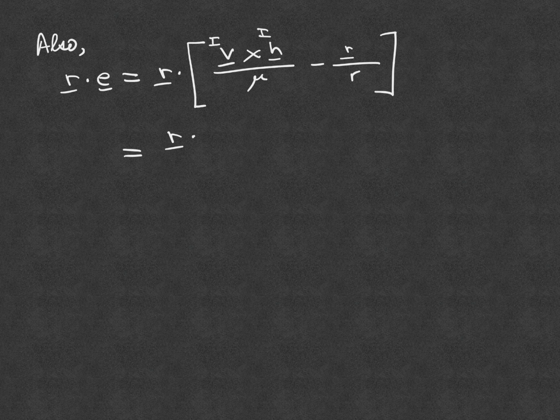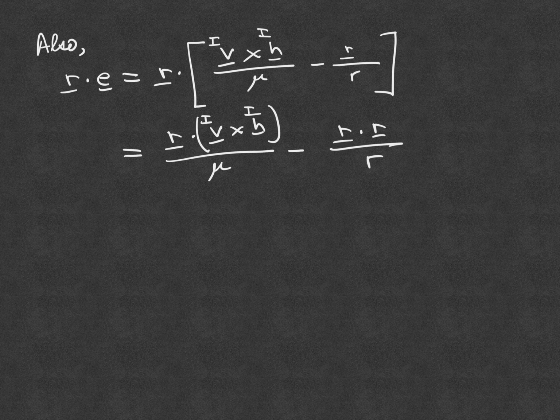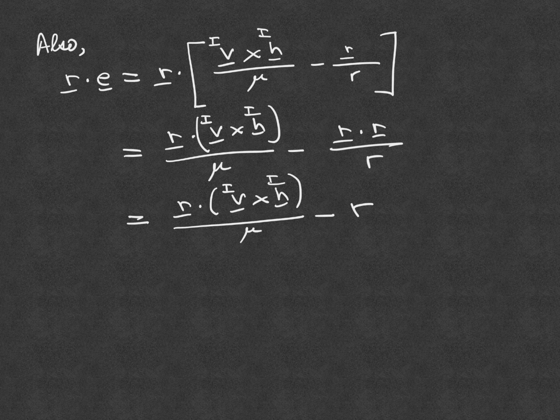We get R dotted with VI crossed with HI divided by mu minus, and we've got R dotted with R all divided by R. Well, R dotted with R is just R squared. So this gives us R dotted with VI crossed with HI all divided by mu minus R squared divided by R, which is just equal to R.